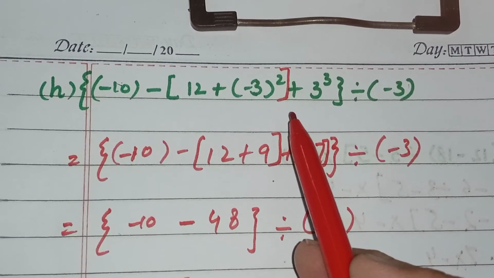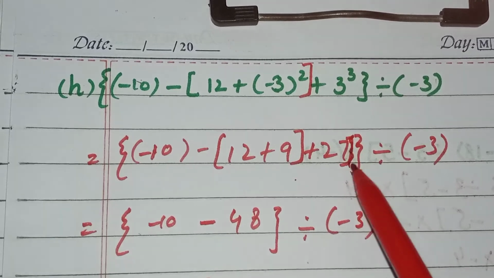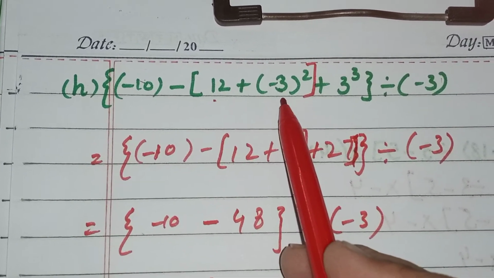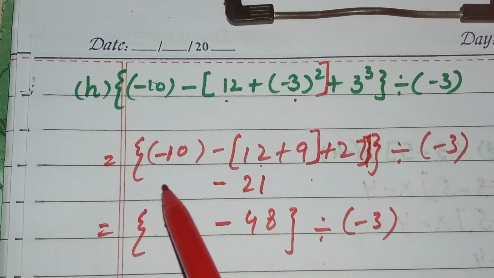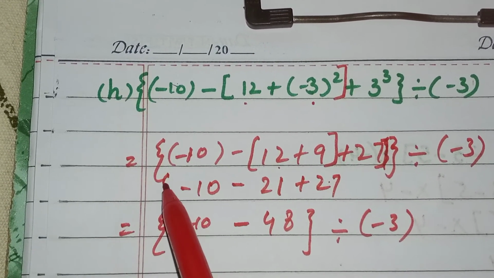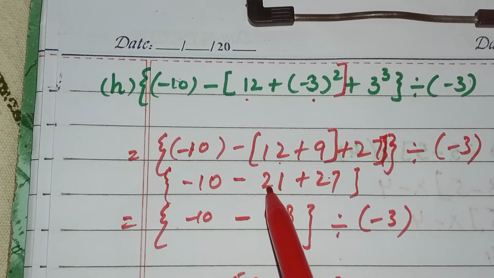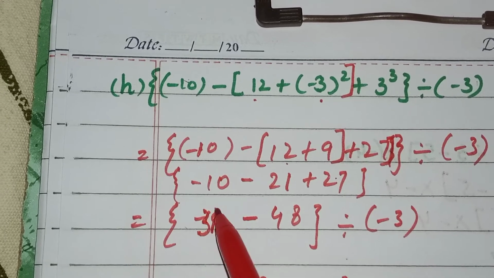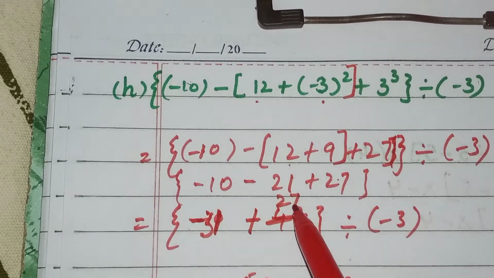Here students, sorry, I have a mistake. I forgot to write a bracket. So first I solve these two numbers, 12 plus 9, and I receive minus 21 minus 10 plus 27. Now student, I solve these. I receive minus 10 and minus 21, minus 31 plus 27.